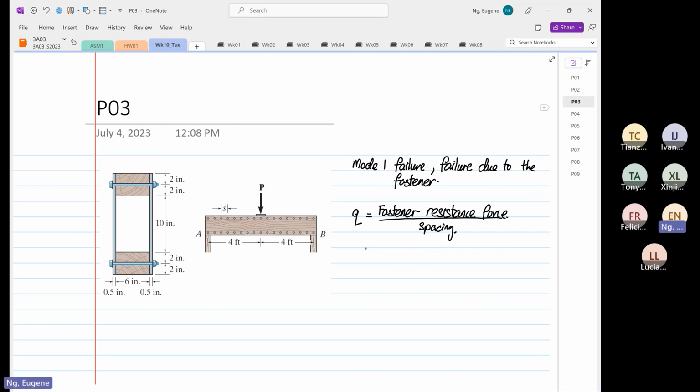We know that this is 600 divided by spacing, which is 6.